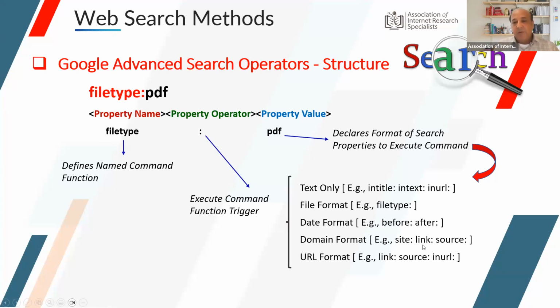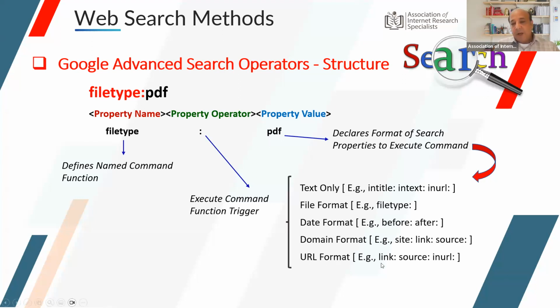Then with site, or with link colon or with source colon, you have to put the domain name or something that tells the search that it is a domain, meaning a name followed by the extension of that domain, like .org, .com, and so on. So this is what it is telling you.